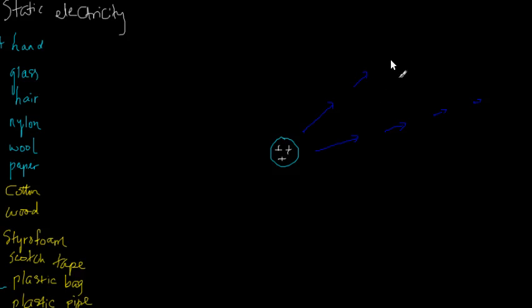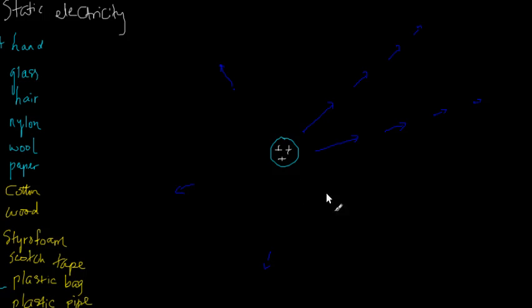There, same direction but smaller and smaller as I move further away. So I can imagine doing it at any point. If I put it there, there'll be a force in that direction. If I put it there, there'll be a force in this direction. If I put a charge here, there'll be a force in this direction.